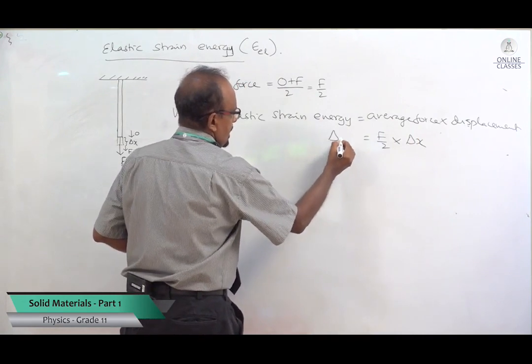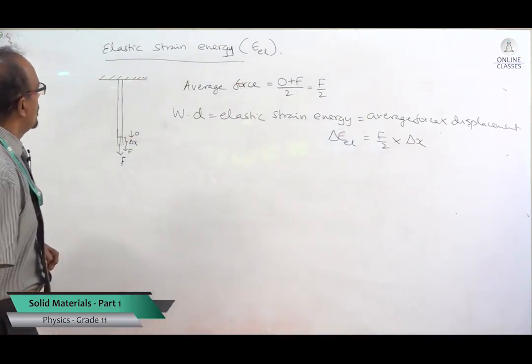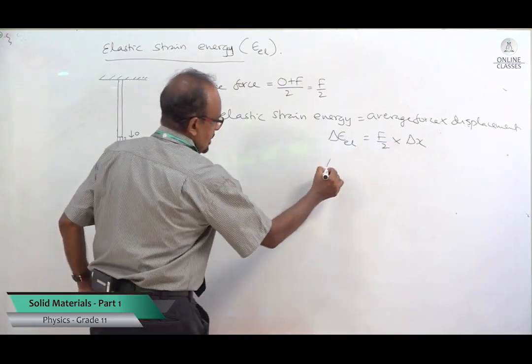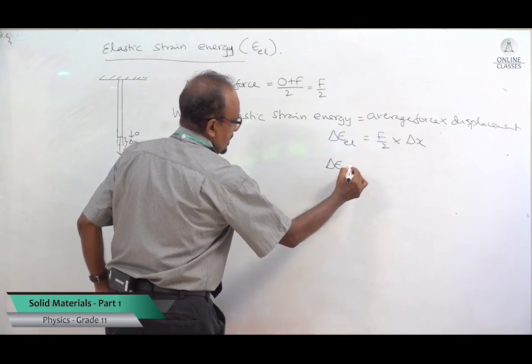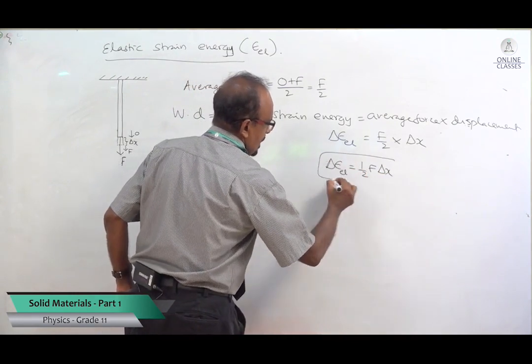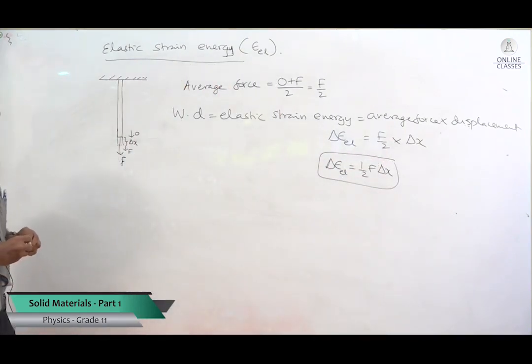So the elastic strain energy, delta E elastic, will be equal to half F delta x. This formula is given in the formula sheet, but you can see how the equation comes.